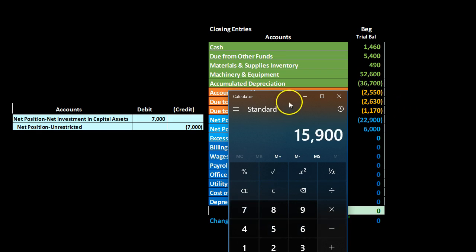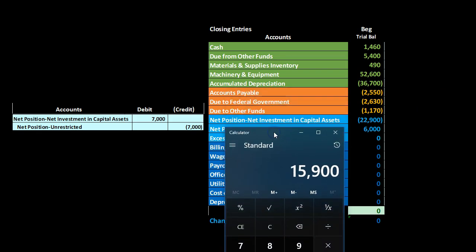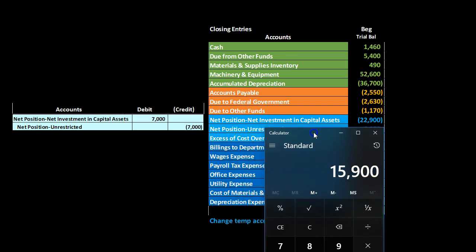That's 15,900. So that 15,900, that's what we're going to say this net position, net investment in capital assets should be. It's at 22,900. So if we subtract this out, we're going to say minus the 22,900. That's going to be a $7,000 adjustment. So we're going to adjust this by 7,000 basically to match the investment in the capital assets.